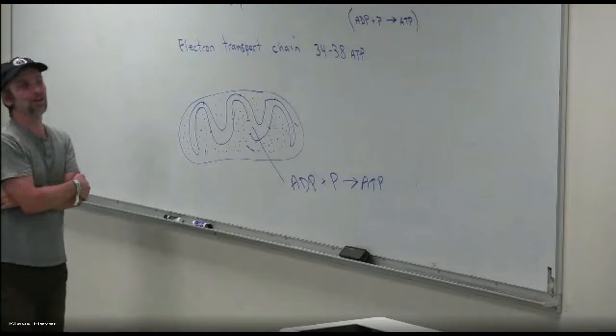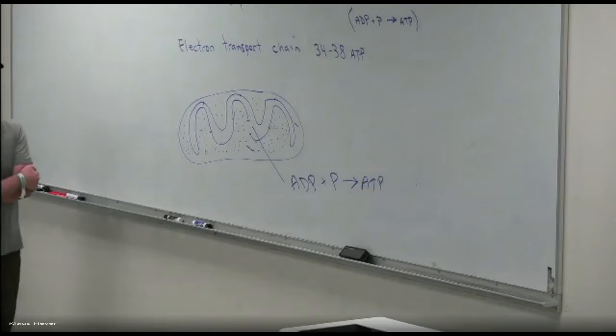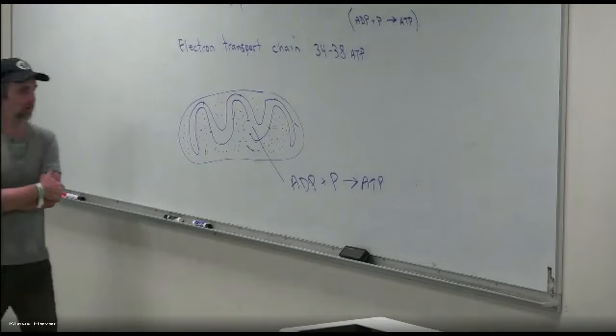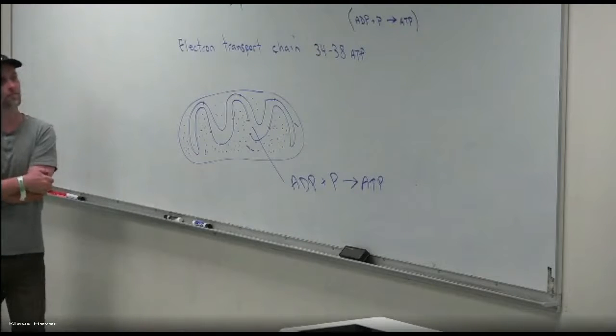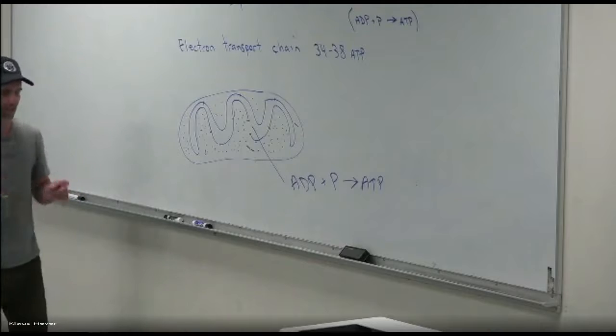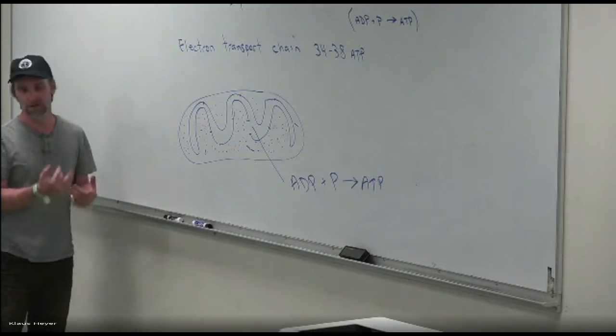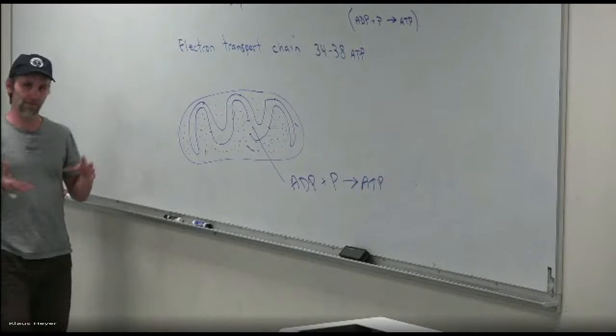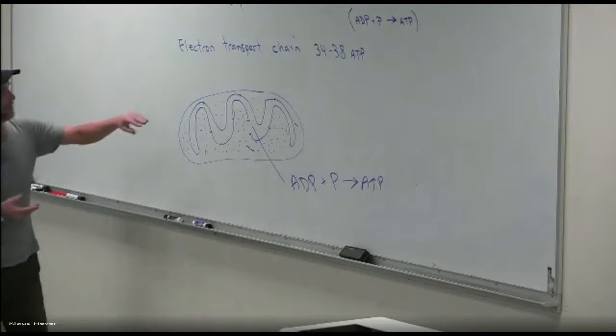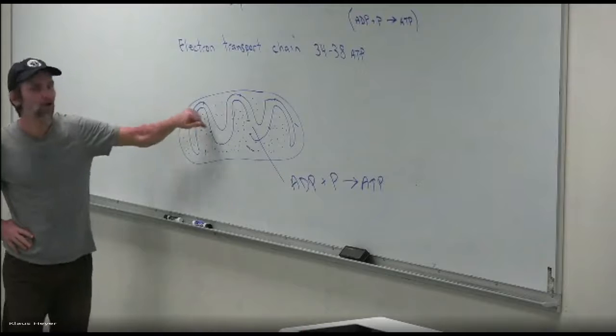So we get 34 to 38 ATP out of the electron transport chain, and that's our big ATP payoff. If you see chemiosmosis or oxidative phosphorylation, I'm just throwing everything into this one idea. This is called co-transport.